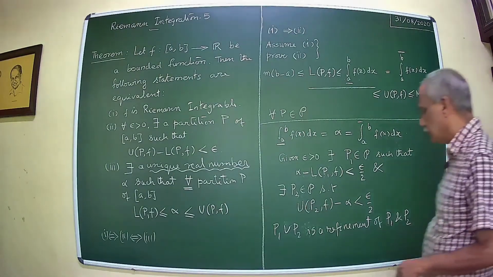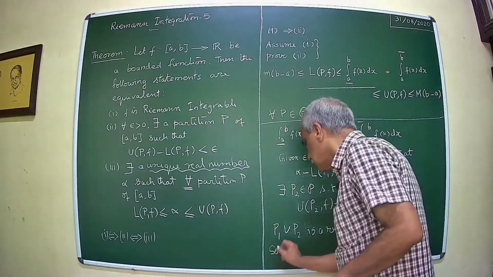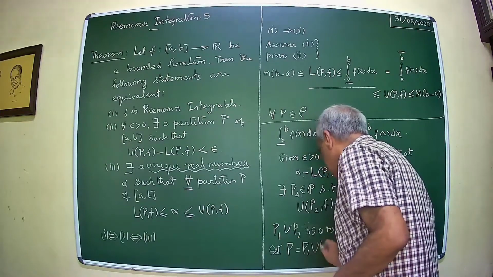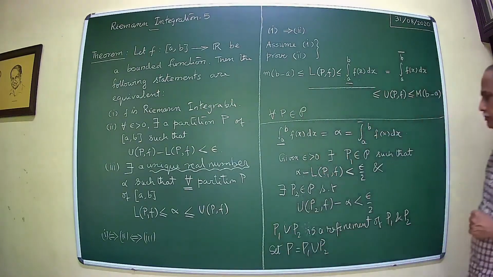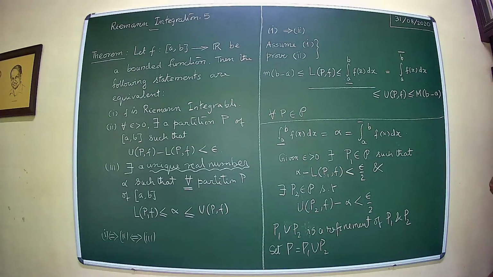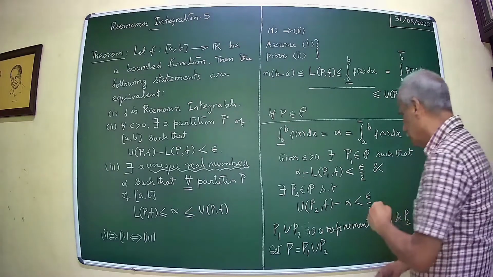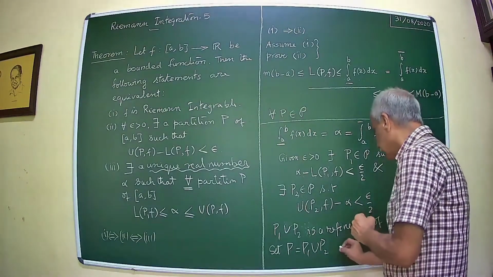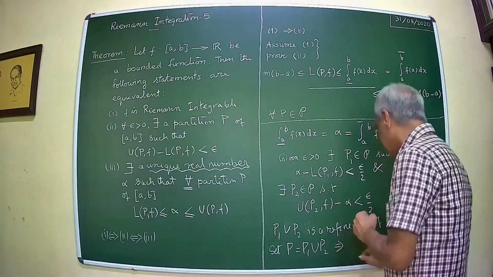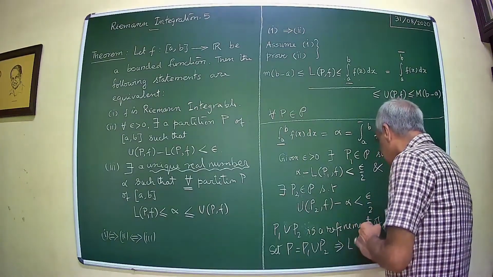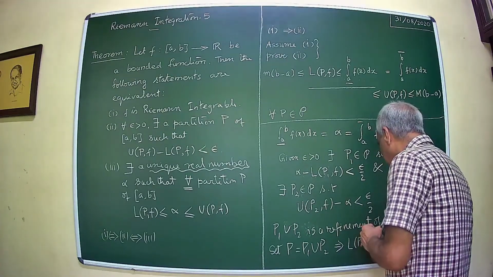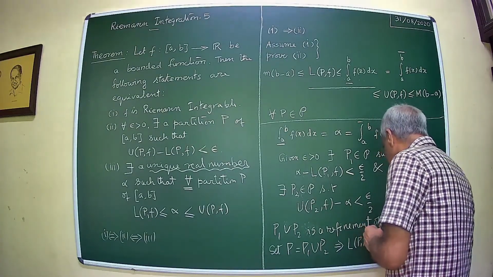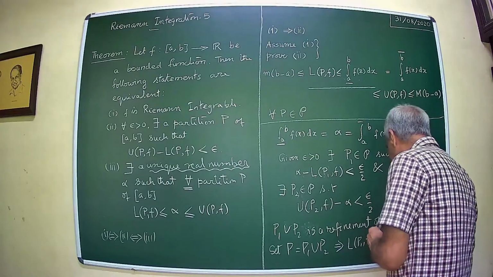So call that P. So set P equal to P1 union P2. Now, if P is a refinement of P1, then this is what you have. You have, which implies LP1F is less than or equal to LPF.